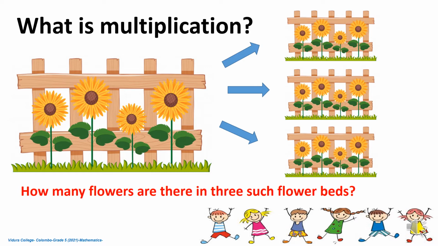You have to multiply 4 by 3. Can you see the value increases? So, kids, with multiplication, the value is always increasing. And the multiplication sign is the cross sign. And multiplication is the opposite of division.